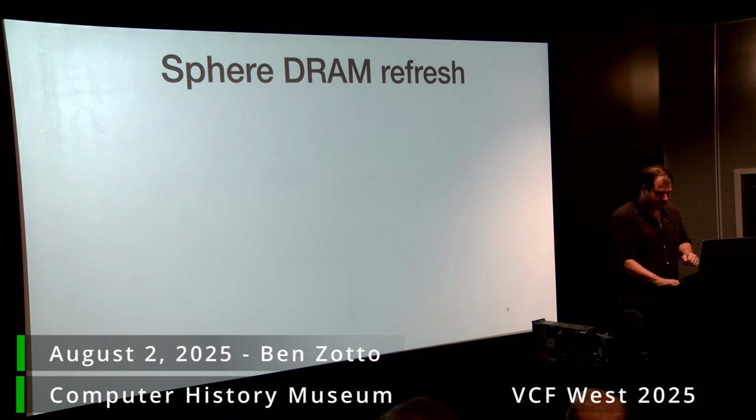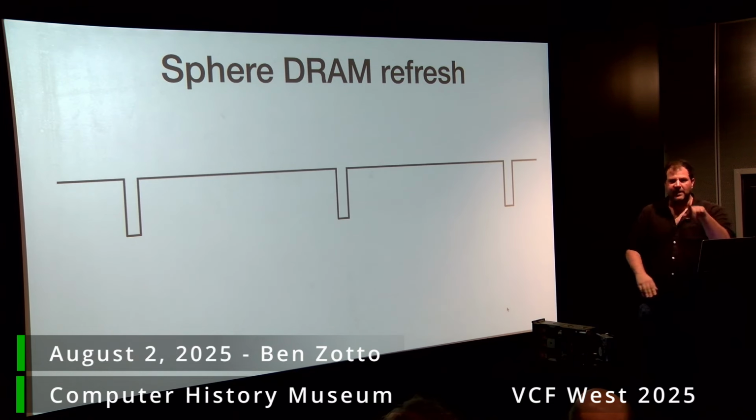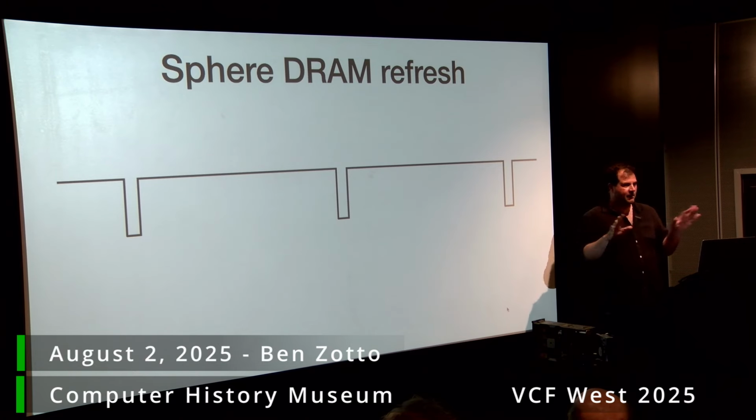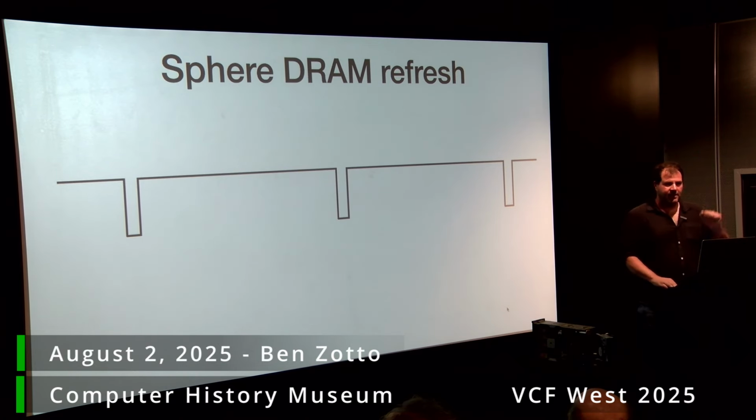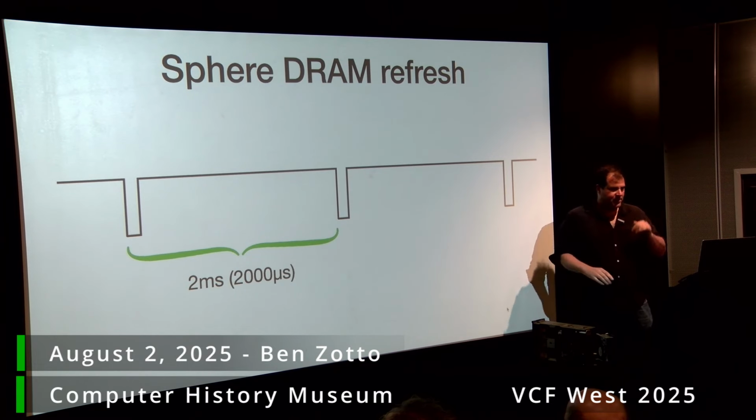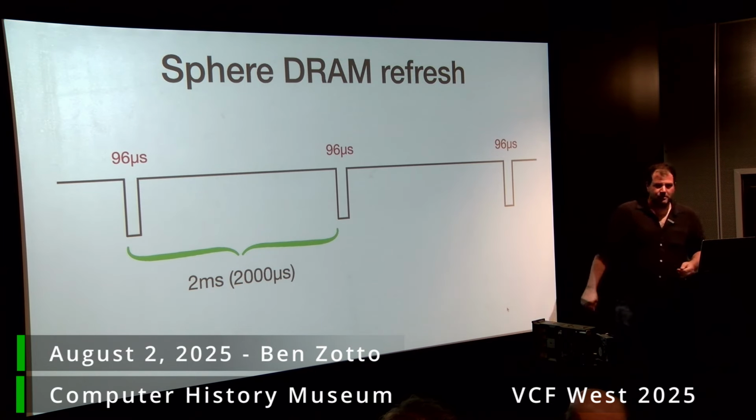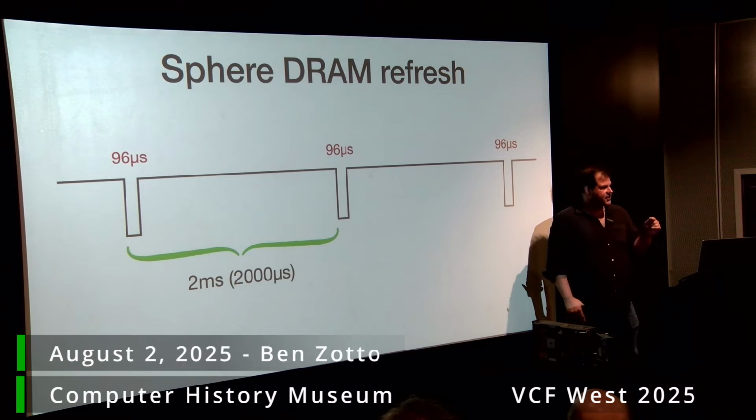Every 2 milliseconds. So if you trace the refresh line on the system, you'll see everything pause briefly every 2 milliseconds and then restart again. The problem is the length of the pause, 96 milliseconds. Now you remember 64 is how fast it's got to be.